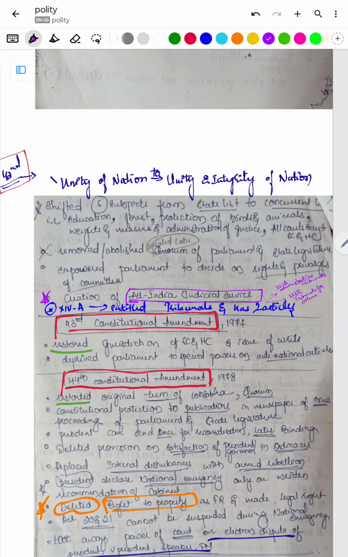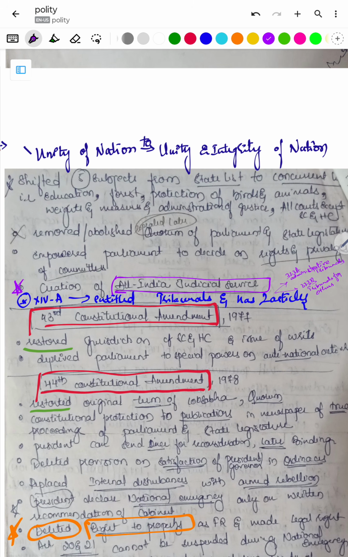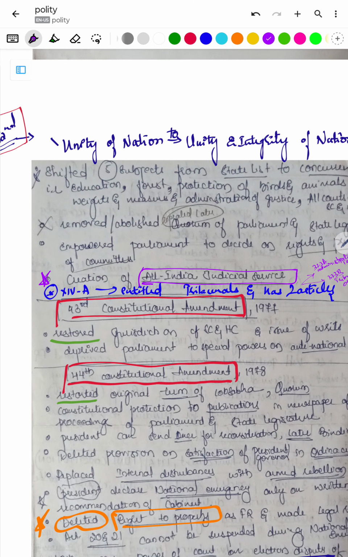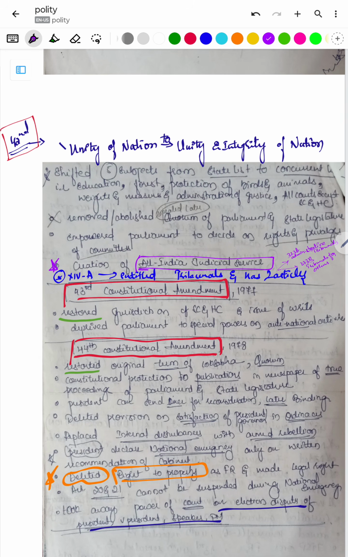Next, it removed the quorum of parliament. This is also repealed. Anything you see that is not in sync with today's laws, those were made in the 42nd Amendment Act. Coming on to the 43rd Constitutional Amendment Act.